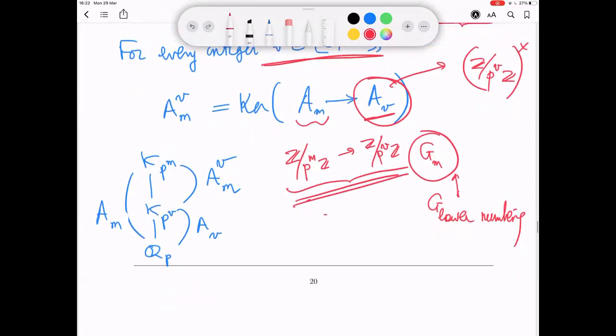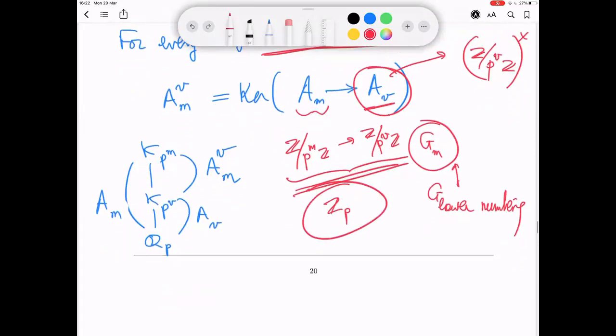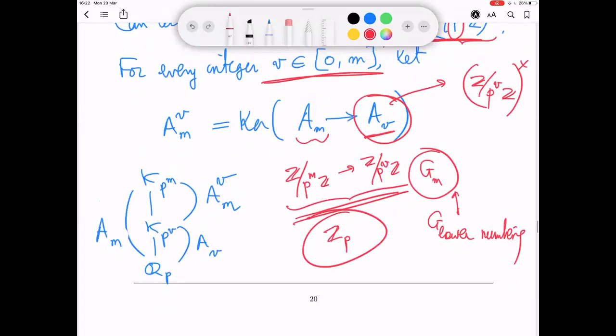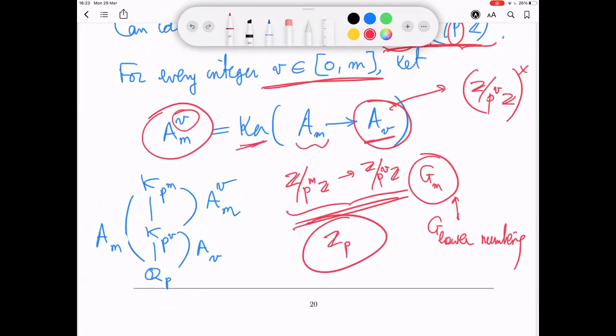In fact, when we defined Zp, we had discussed this kind of maps, right? Okay, so I'm now defining A sub m upper v, the v being a superscript, to be the kernel of the map of the group from A sub m to A sub v. That's A sub m upper v.